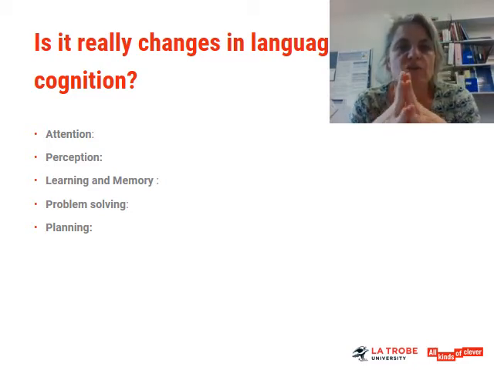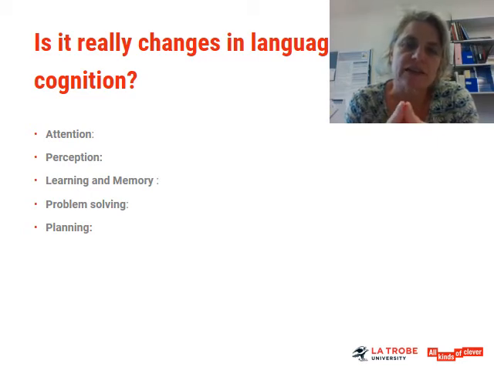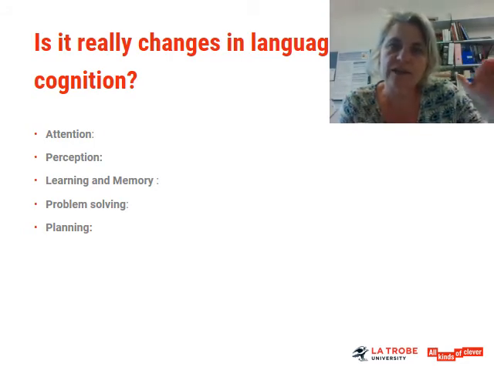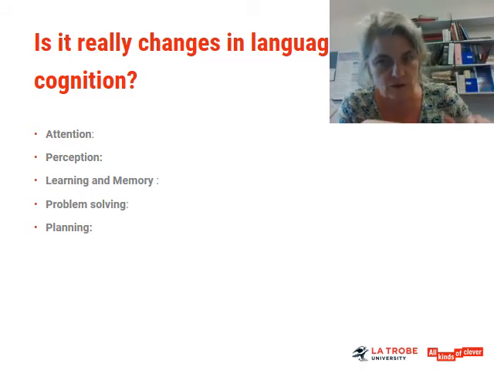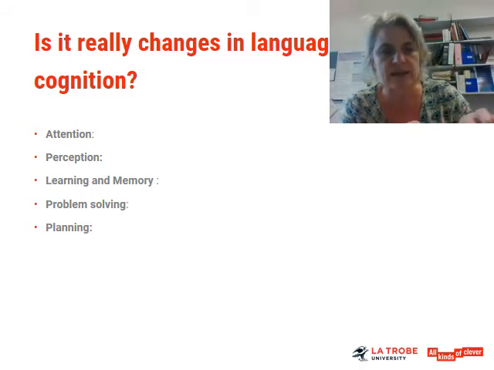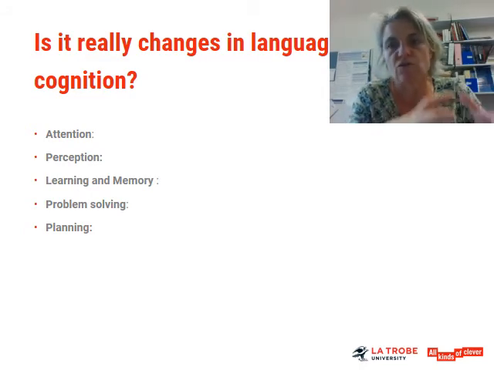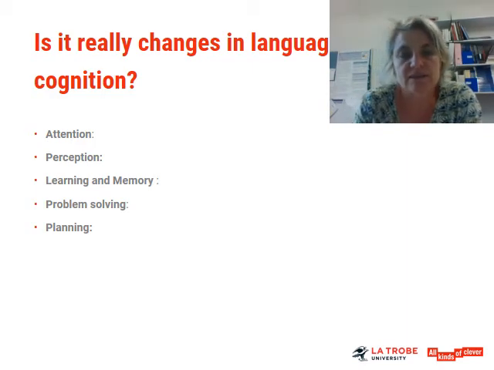So there are definitely clear changes in typical aging healthy adults' language, especially at the verbal fluency and discourse level, but what's not so clear is whether the changes are occurring at the language level or if the changes are actually happening with these cognitive abilities that we draw on to do the language tasks.